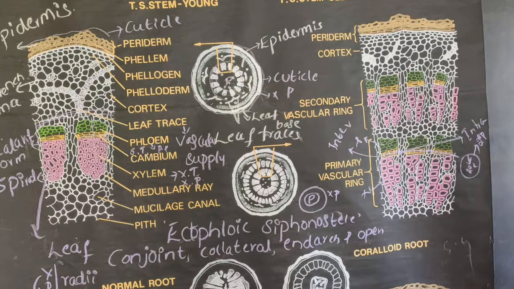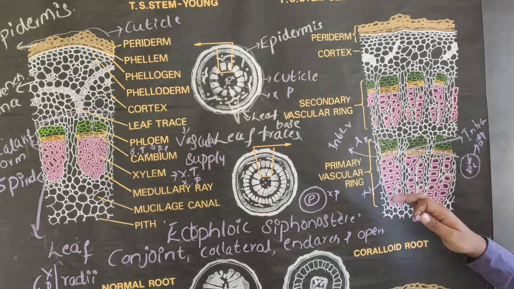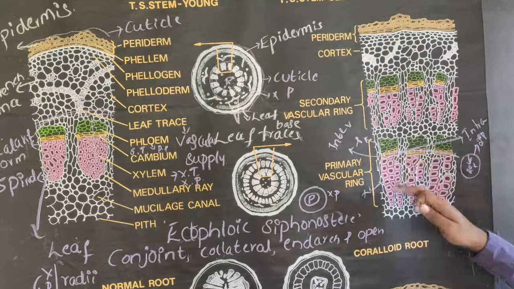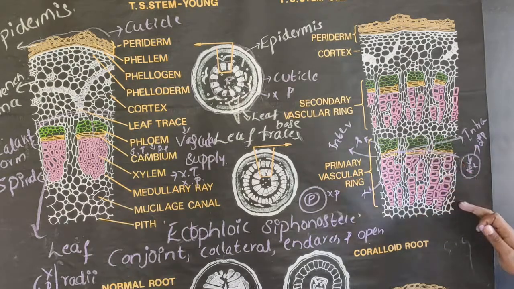So this kind of division occurs every 2 years. Several rings of vascular bundles can be found in case of old stem. So this is nothing but the secondary growth in case of cycas stem. This is in particular the activity of vascular cambium.